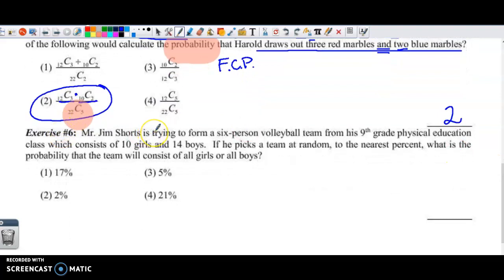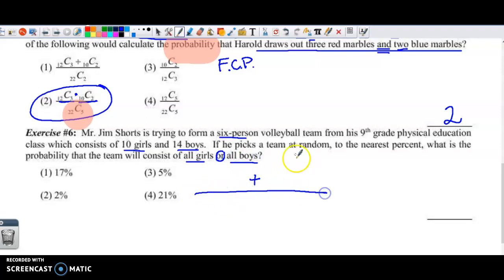And then exercise 6, then you should be ready for your homework. He's trying to form a 6-person volleyball team. It has 10 girls, it has 14 boys. There's 16 that he gets to choose. What's the probability that the team will consist of all girls, or, is that key word of adding those together?